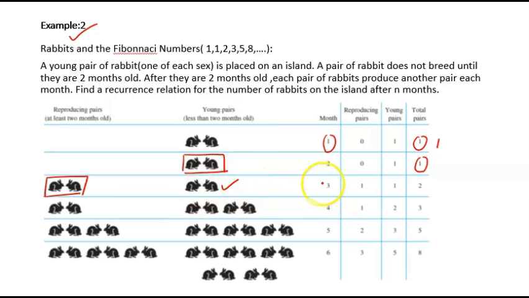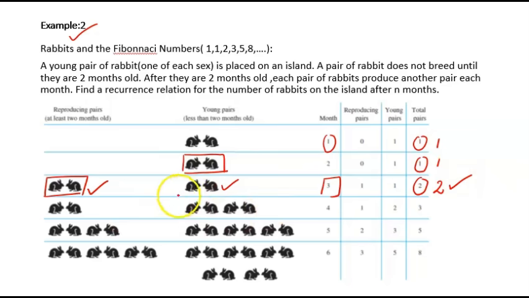So at the end of 3 months, the total number of pairs will be 1, the original pair, and 1 produced during this month, so 1 plus 1, that is equal to a total of 2 pairs. So at the end of the first month 1 pair, at the end of the second month 1 pair, at the end of the third month 1 plus 1, that is 2 pairs.